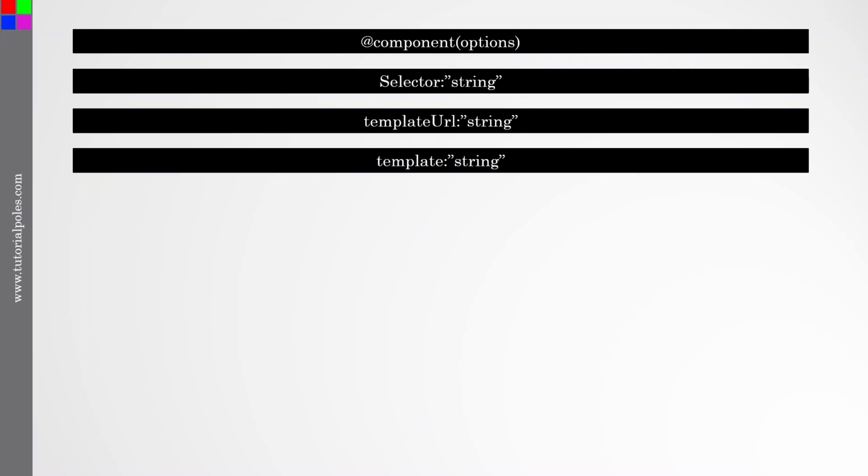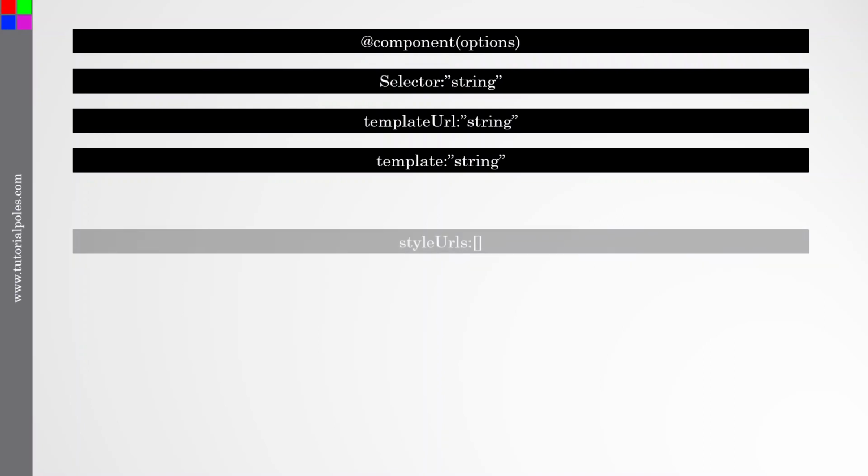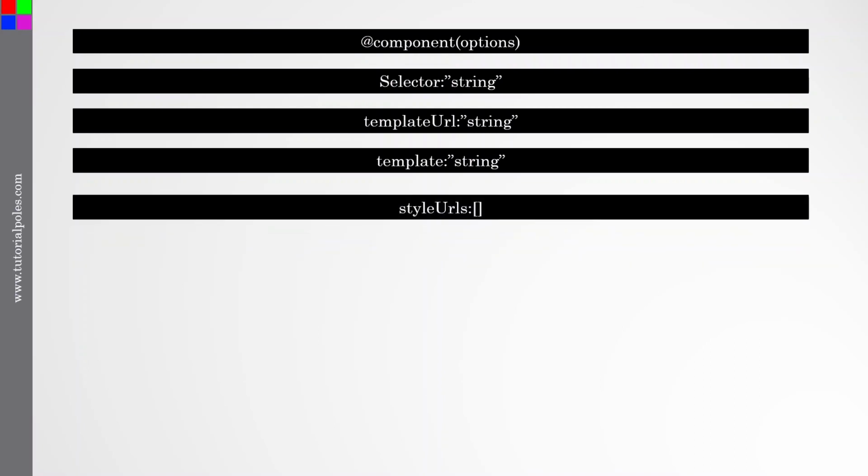The next is styleUrls. As we have seen, this is used to specify the style sheets which should be attached with the component. We can assign multiple style sheets, but in general we see here only one style sheet.